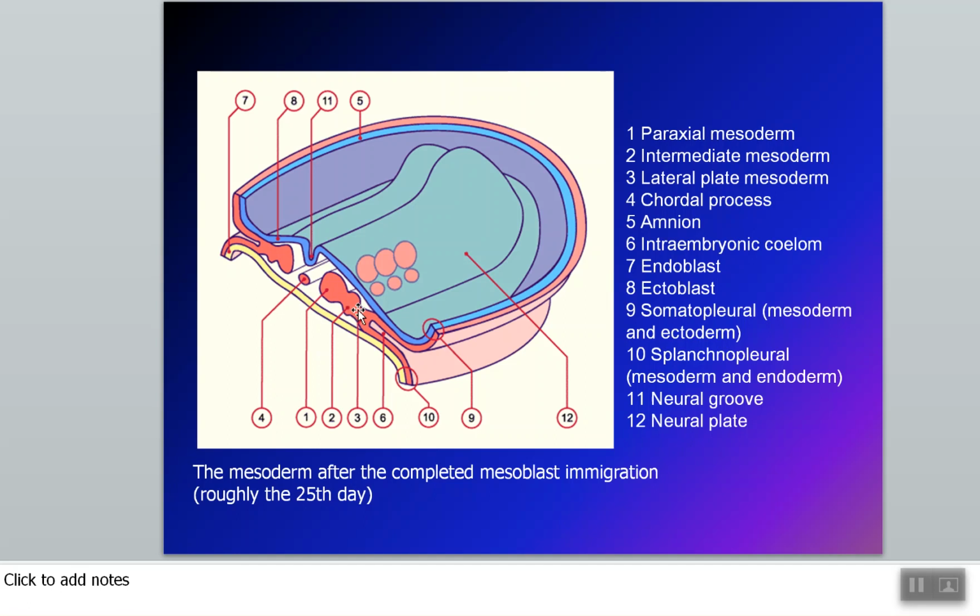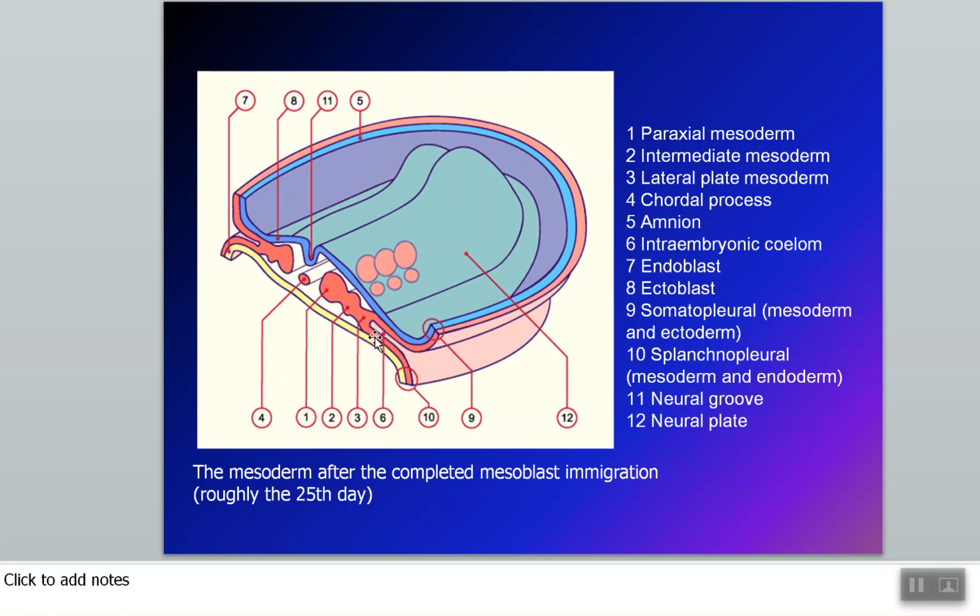The intraembryonic mesoderm is divided into three parts. The part near the notochord and near the midline is named the paraxial mesoderm. The cells in the middle area are named intermediate mesoderm, and the lateral side of the mesodermal cells is named lateral plate mesoderm.